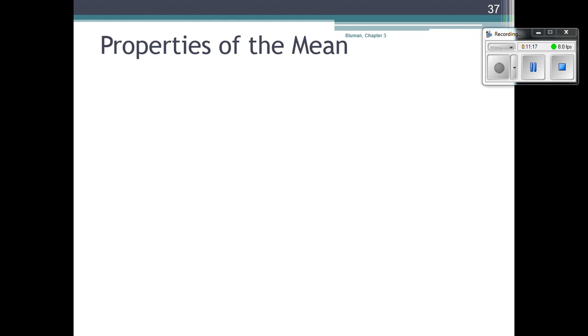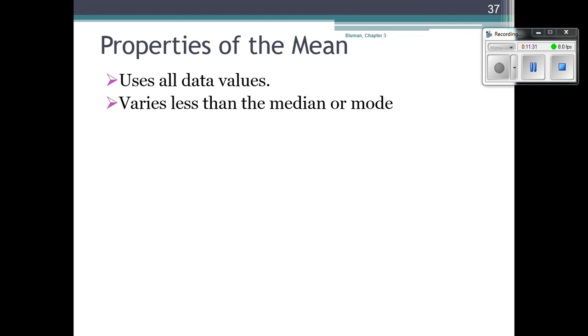Okay. Now we're going to look at some of the good things, some of the bad things, just some of the properties in general of our central tendencies. So the mean, just like the mode and median, uses all the data, which is a good thing. It does vary less than the median and the mode, not meaning that it can't be changed drastically.